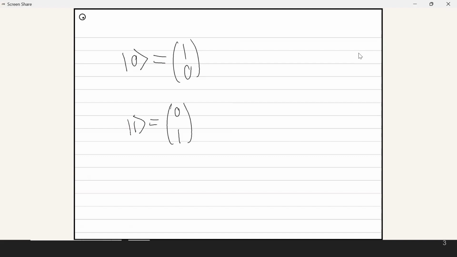These are known as kets. I'm not sure what word to use here, but the other way around is a bra. So together they make a bra-ket, which I'll show in a second.